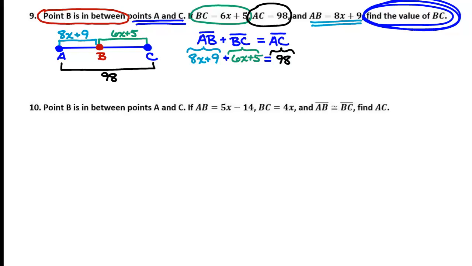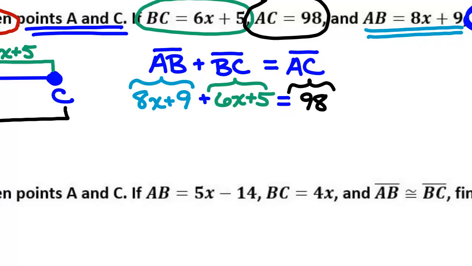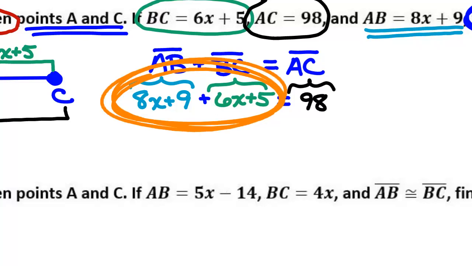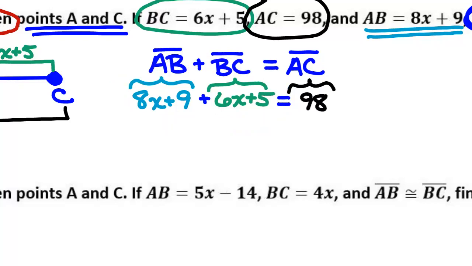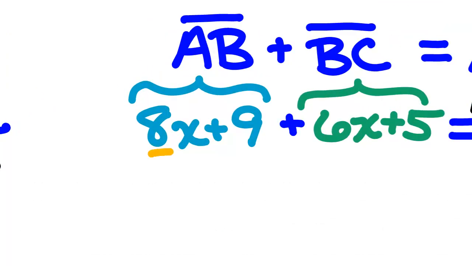All right. So now we're going to solve this like an Algebra 1 problem. First thing I do is look on each side of the equal sign to see if there are any like terms that I can combine. Looking just over here at the left, are there any like terms that we can combine together? Yes. What can we combine? 6x and 8x.